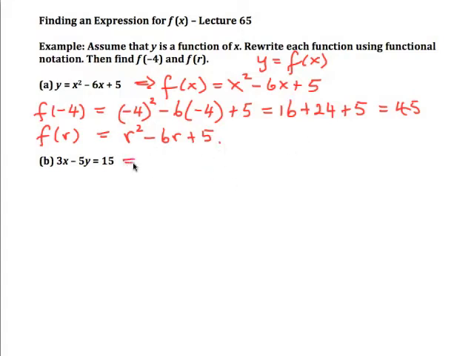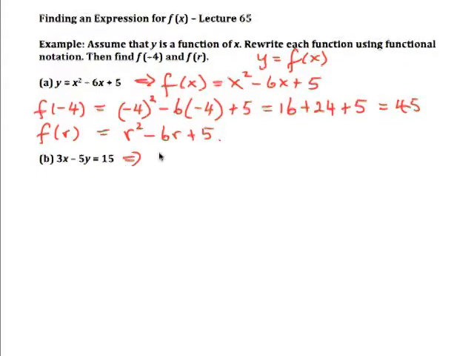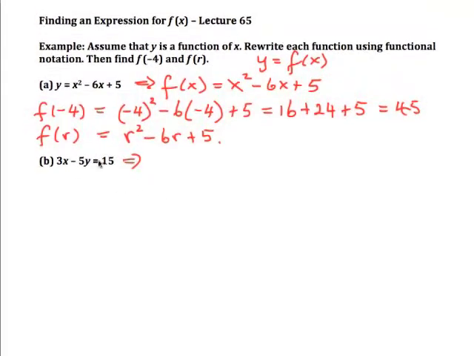Now in this case, we first of all have to rearrange this to get it into explicit form, y equals. So the first thing I need to do is subtract 3x from both sides. So we're really going to solve for y, and we end up with negative 5y is equal to negative 3x plus 15.